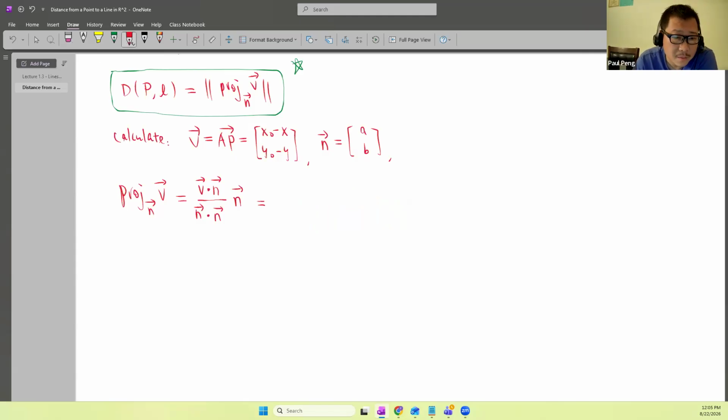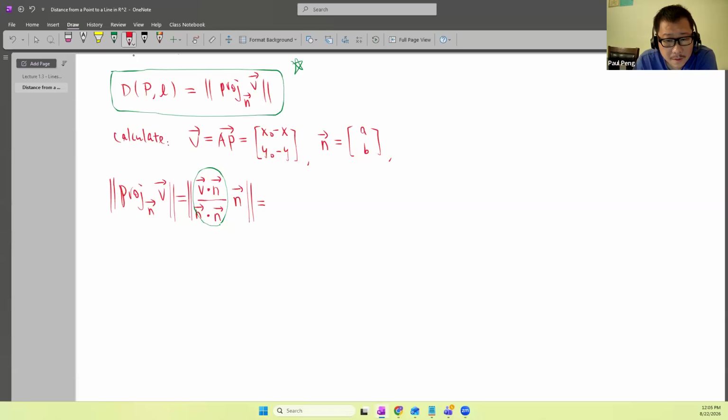Our purpose is to find the length of the projection, and the coefficient is a scalar, so we can put the coefficient outside.